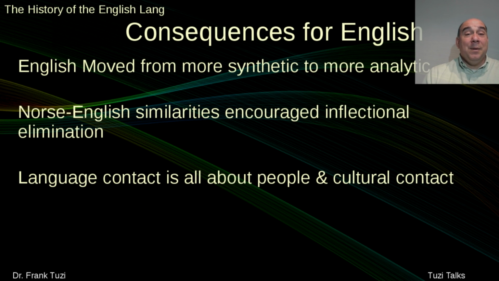Another thing that happened is that English moved away from being synthetic, and moved more toward analytic. And if you remember, a synthetic language has a lot of bound morphemes that tell you what it is, tell you where it belongs, tell you whether it's the subject or the verb, or whether it's a noun or an object, and those were all connected to the words, okay?